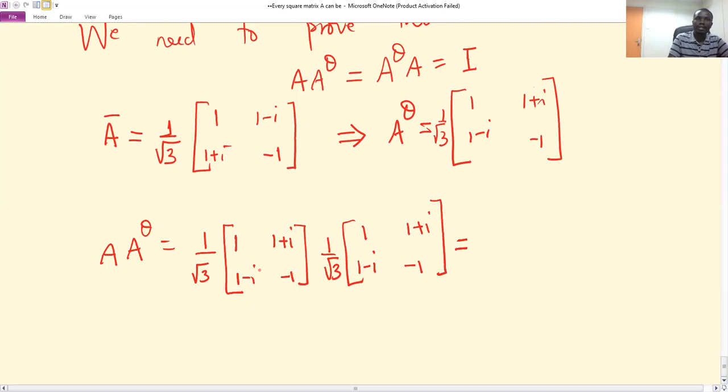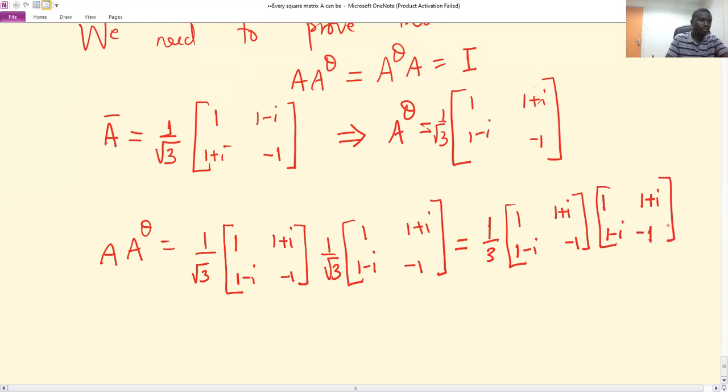And you see this, you factor out the scalars, so it'll be 1/3 because √3 times √3 is 3. And then we have 1 plus i, 1 minus i, minus 1 multiplied by 1 plus i, minus 1, minus i, and then minus 1. So that's what we have. So this is the normal multiplication.